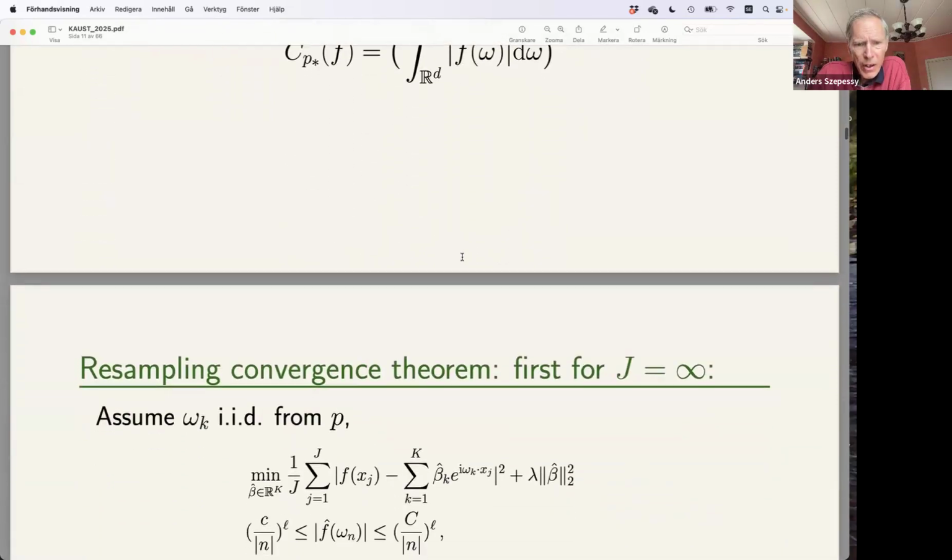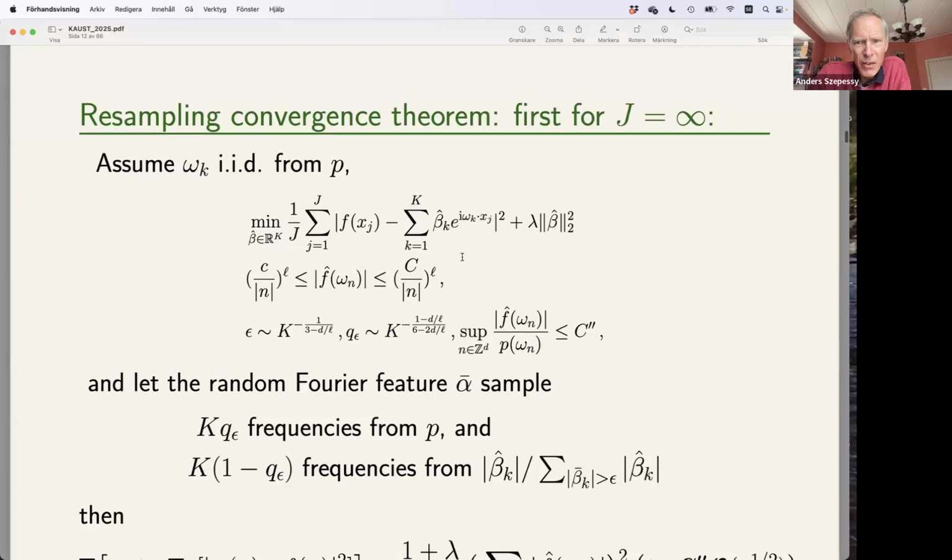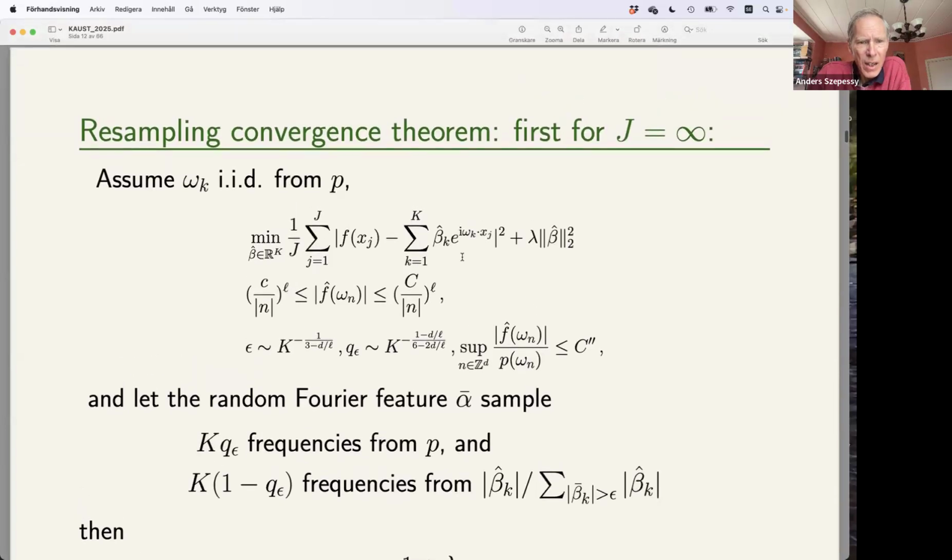And here is a theoretical result on that. So we will first look at the case where we have an infinite amount of data, but a finite number of nodes and frequencies. So the starting point is that we take a density p, which doesn't have to be optimal, but is not totally bad.